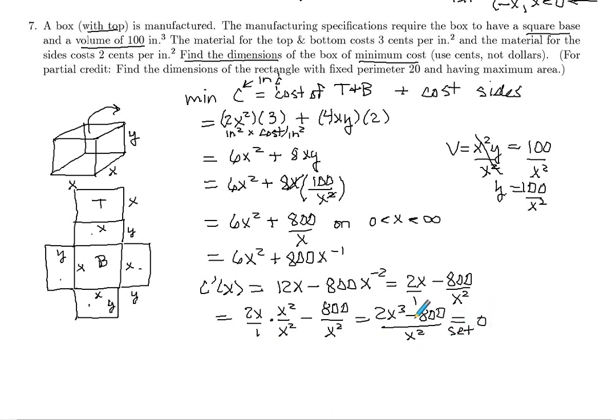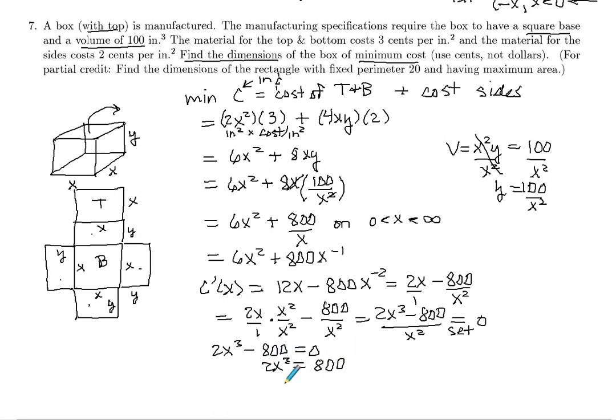So your critical numbers are going to be when the top is 0 and when the bottom is 0. Well, the bottom is equal to 0 at x equals 0, but we're assuming x is greater than 0, so we can ignore that critical number. But the top equals 0 when we've got 2x cubed minus 800 equals 0. Now add 800 to both sides. That comes over as a positive. 2x cubed equals 800.